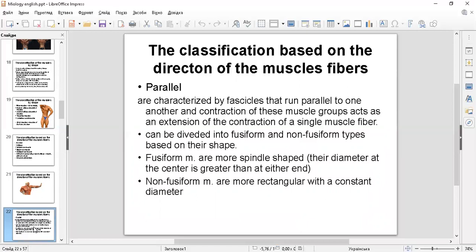Fusiform muscles are more spindle-shaped: the diameter at the center is greater than at either end. Non-fusiform muscles are more rectangular, with a constant diameter.